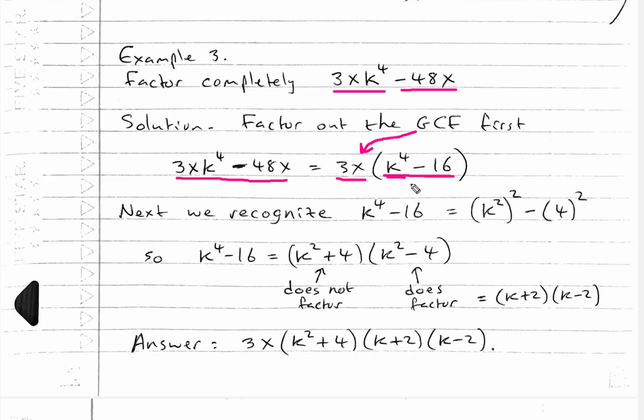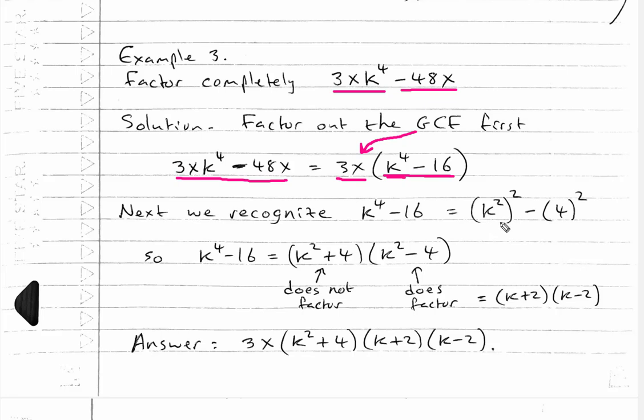So from our strategy, we've got two terms. So is this a difference of squares? Can we write it as something squared minus something else squared? So yes, certainly 16 is 4 squared, and k to the power of 4 is a square. It's k squared, all squared.